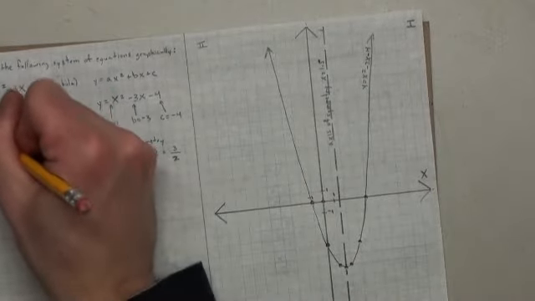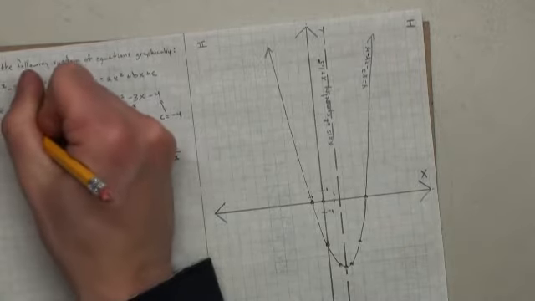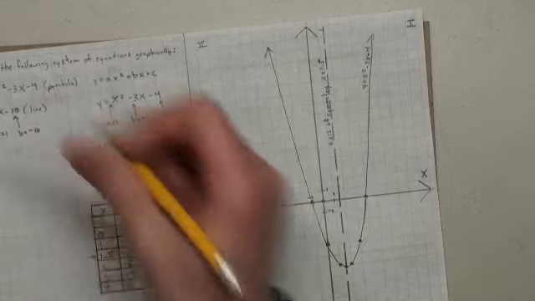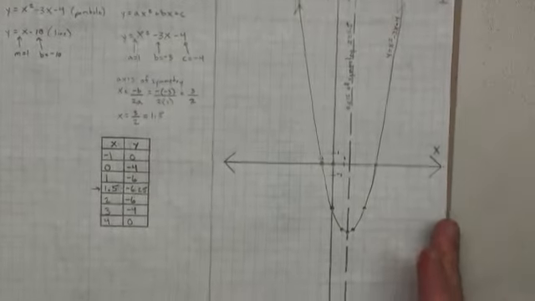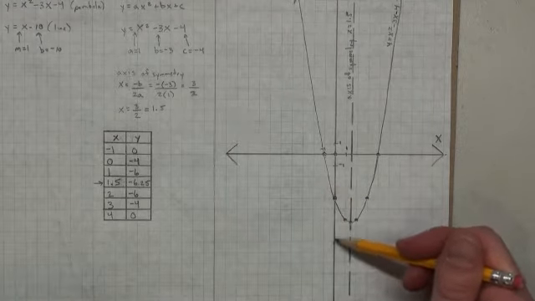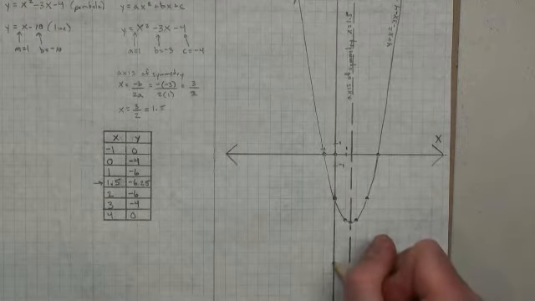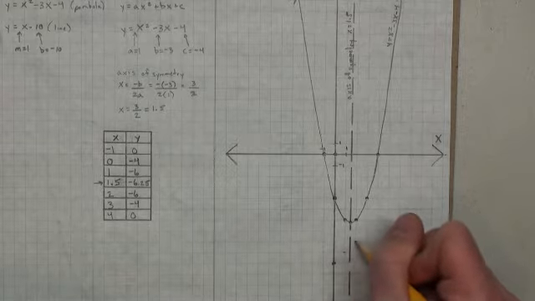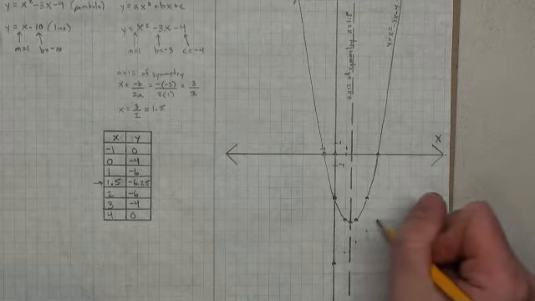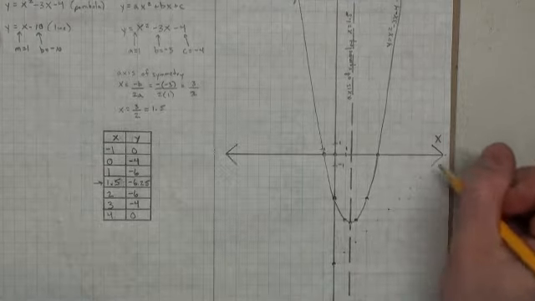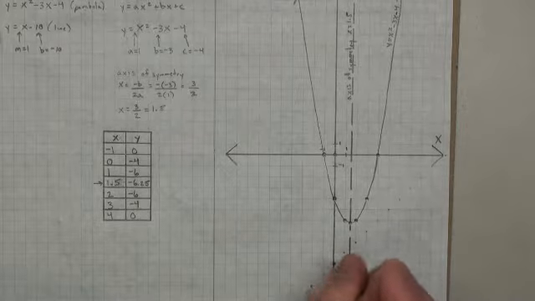And lucky for us again, the line is already in y equals mx plus b form, so m is 1 and b is negative 10. So I start at negative 10 on the y-axis, and I go up 1 over 1, and I go down 1 to the left 1 also.